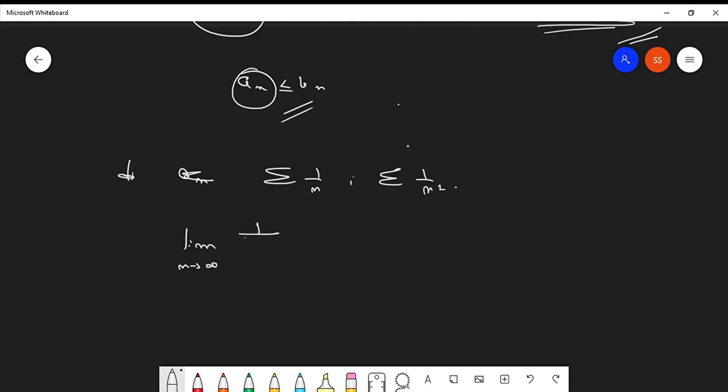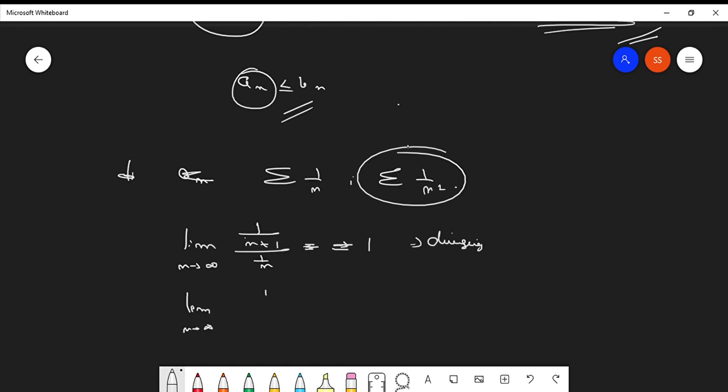This will become 1 over n plus 1 by 1 over n, which tends to 1, but the series is diverging. But if you take the other series, then you have the limit as n tends to infinity of 1 over (n plus 1) whole square over 1 over n square.